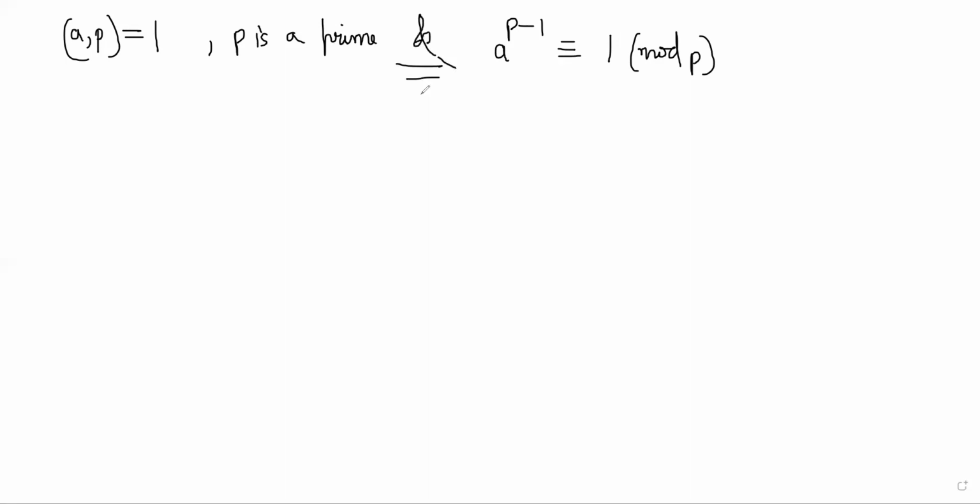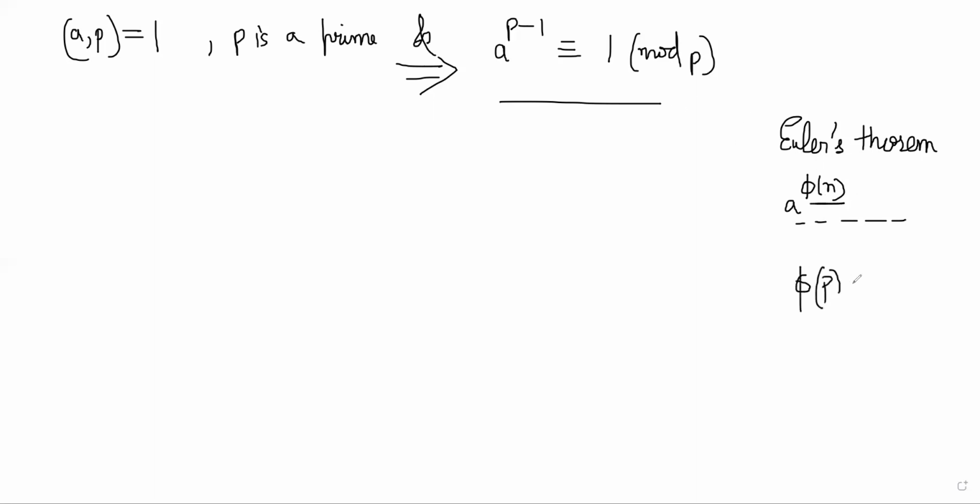But Euler's theorem is Fermat's theorem's generalization. Fermat's theorem is a special case of Euler's theorem, which uses the totient function. The special case is Fermat's theorem because phi of p is p minus 1.